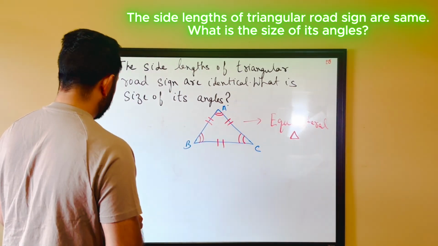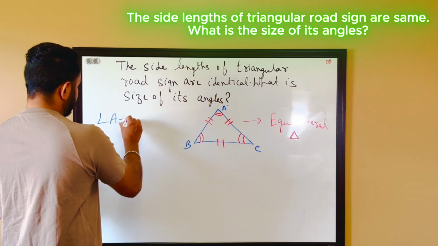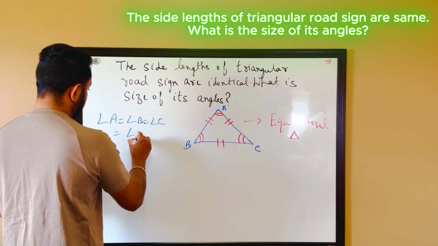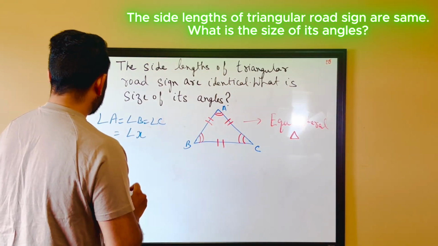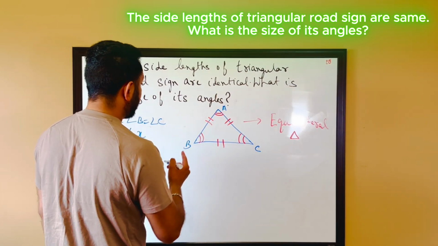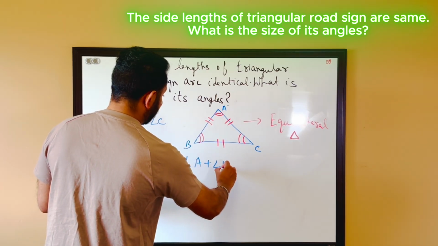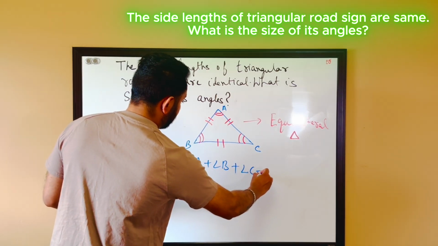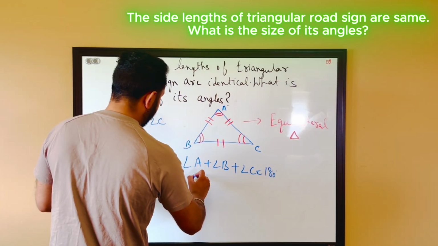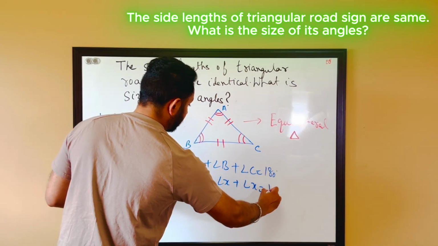So let's suppose angles A, B and C are equal to x, and we already know that the sum of the angles in a triangle is 180. So A is x, B also x, C also x.